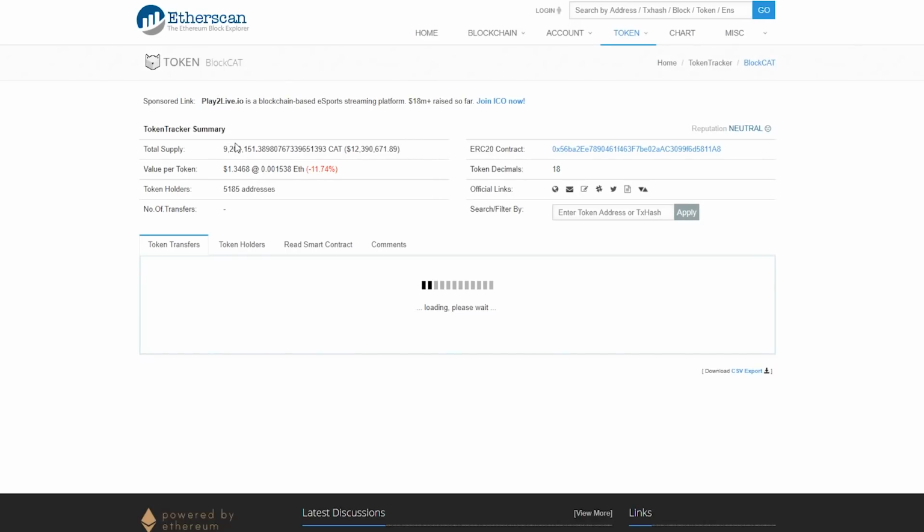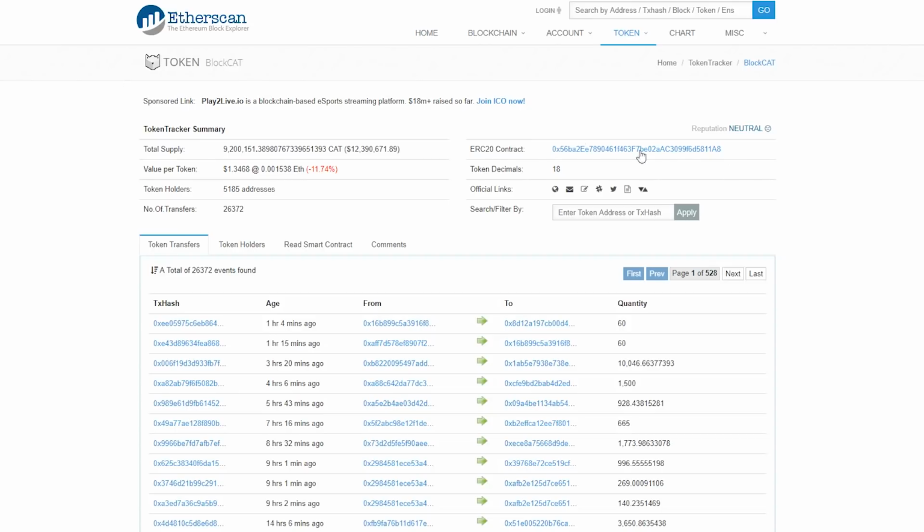If we come and have a look at the Explorer here, this will take us to the smart contract details for that particular token. What we'll see straight away is the total supply and the value per token. We can see the number of wallet addresses currently holding this token. So very interesting information. You can essentially work out the spread of this token and how many people actually hold it, and the quantity as well. We'll look at that in just a sec.